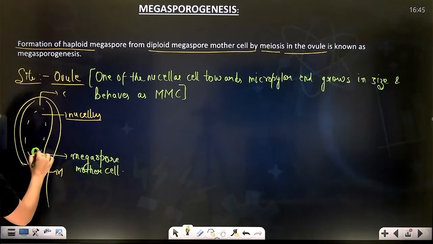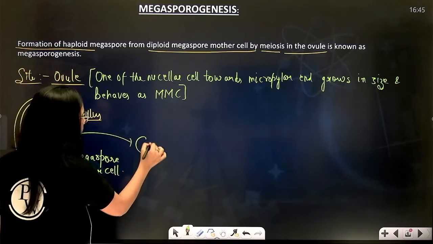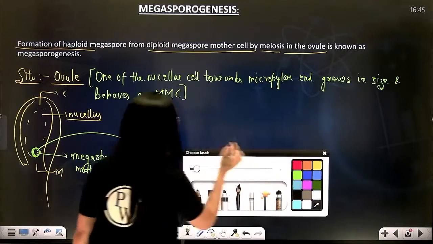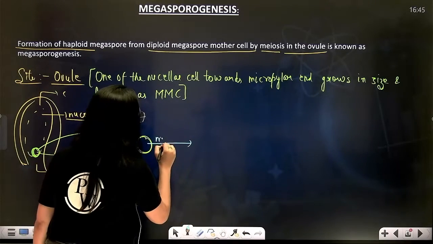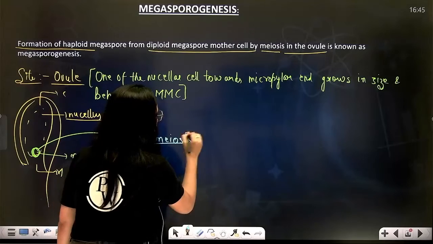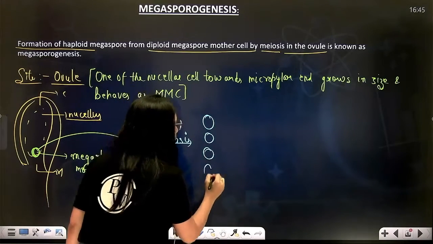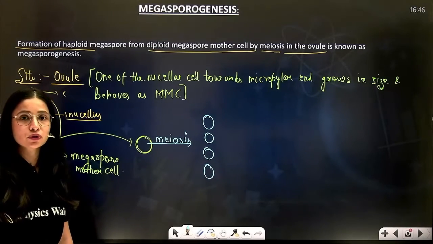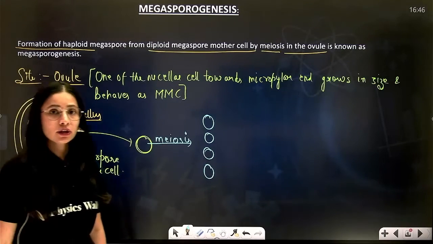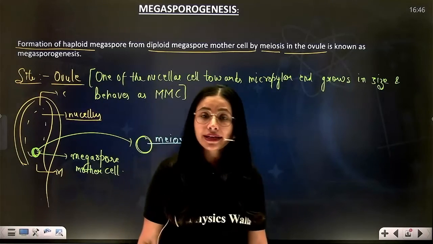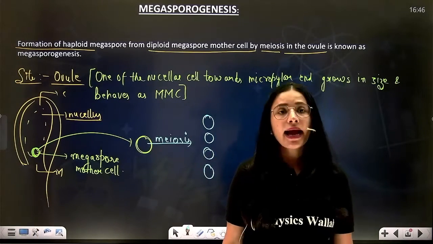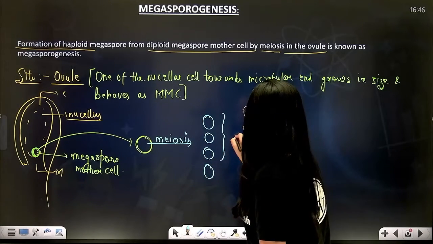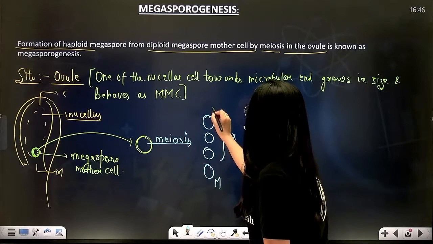Right? Now, take this megaspore mother cell outside. What will happen, beta? This diploid megaspore mother cell will now undergo reduction division to produce 4 haploid megaspores. How many? 4 haploid megaspores, out of which generally 3 get degenerated and 1 remains functional. So let me degenerate 3. This is the micropylar end, this is the chalazal end.